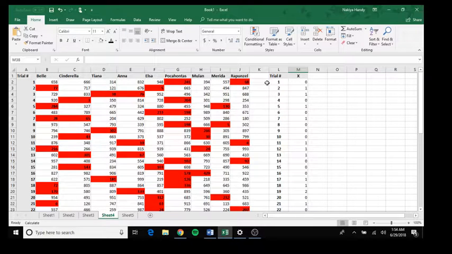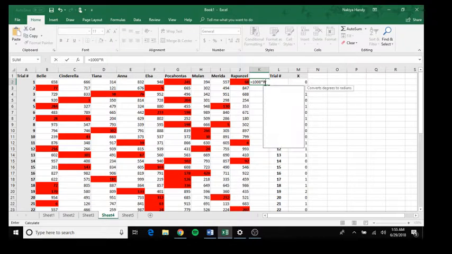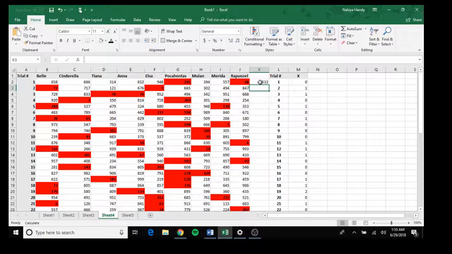So in these, I use the formula that was given to us, and I use 1,000 times rand parentheses, and I just got a random number like that, and I use that for each model. So the ones that are highlighted in red are the ones that are considered the lowest numbers for each trial, and I ended up just making the table right next to it so it won't be hard to figure out.